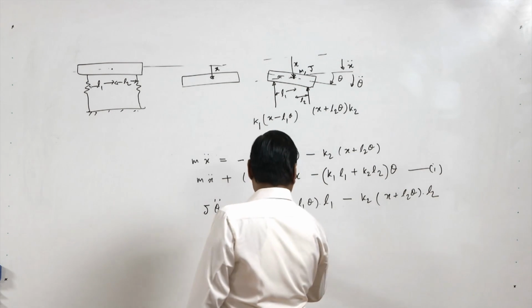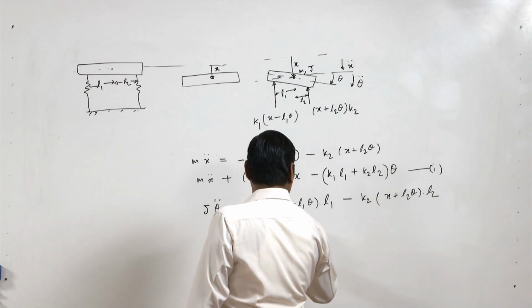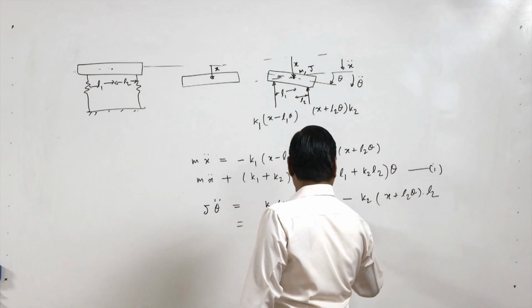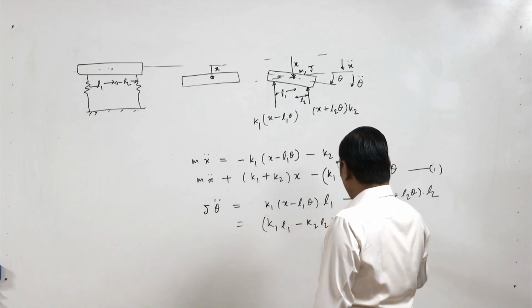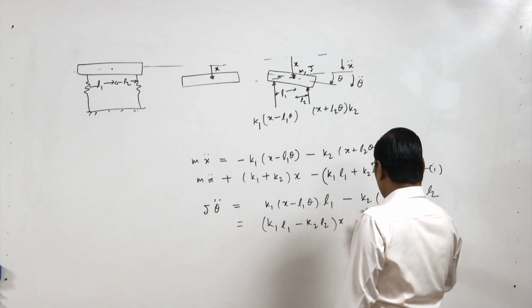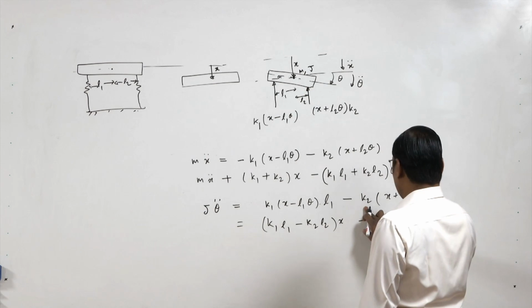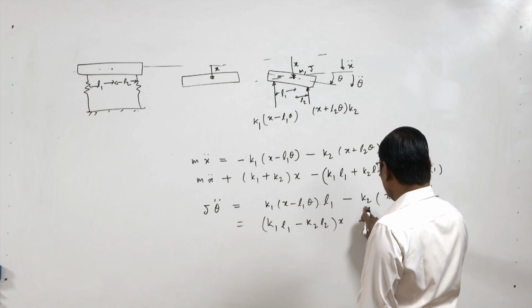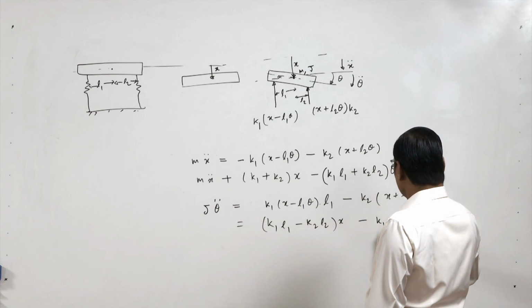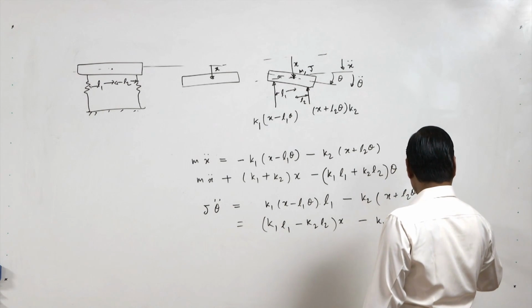Now we can rewrite, so it is K1 L1 minus K2 L2 x and minus K1 L1 square theta, minus K2 L2 square theta.